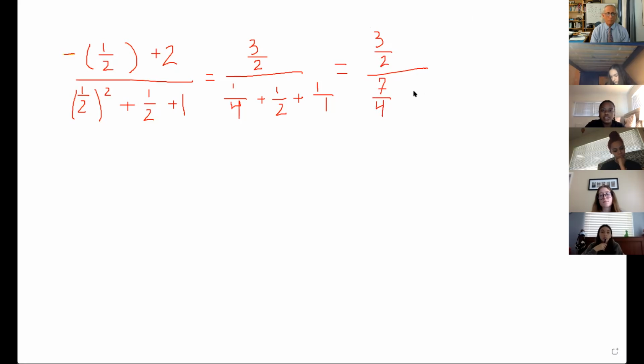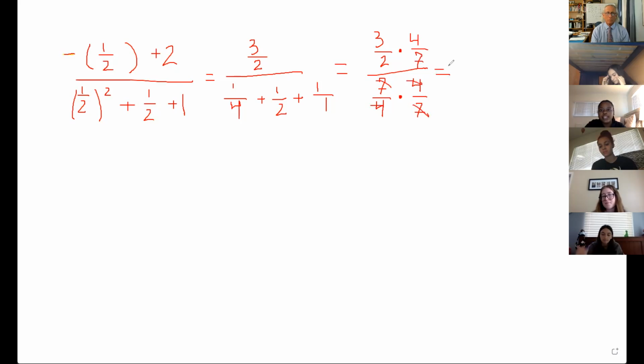So what you do to solve that is you multiply by the reciprocal of the denominator. So 4/7 on the bottom, and on the top you have to do the same thing, 4/7. And then the bottom just cancels out to 1. So you can just cross it out like that.